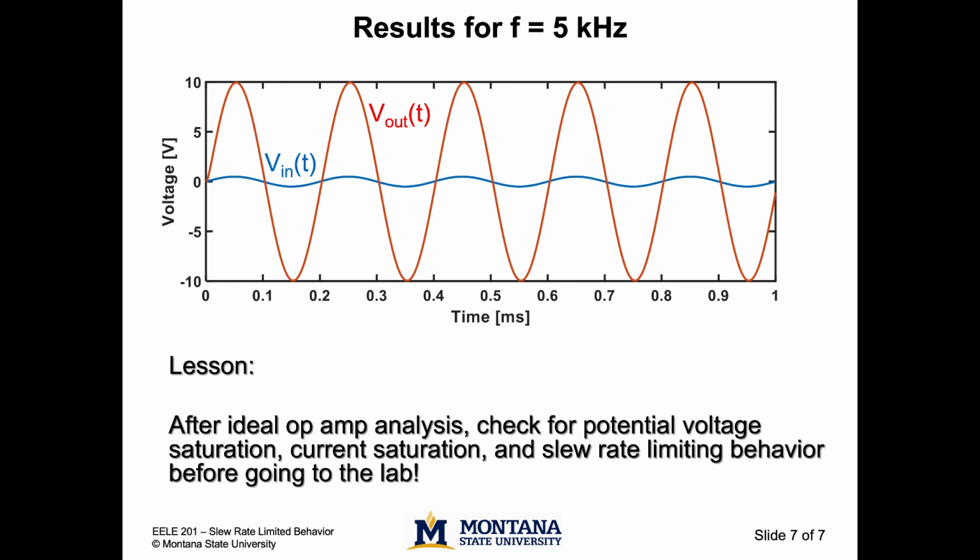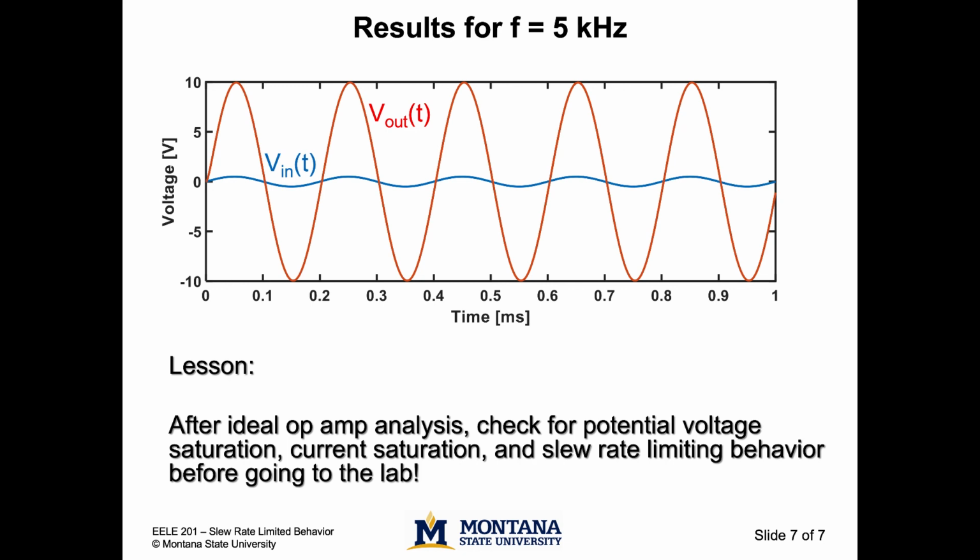So we need to make sure that the output voltage is not above the power supply rails, that the current being sourced and sunk from the output of the op amp does not exceed the current saturation limit of that given op amp. And then finally, we need to make sure that the output voltage is not changing with respect to time faster than the specified slew rate of the op amp that we're choosing.